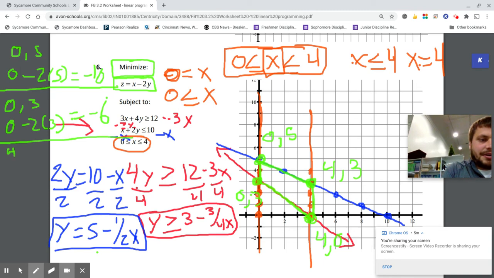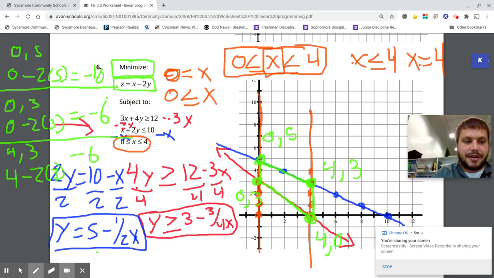For 4, 3, I would have 4 minus 2 times y, which is 3, which would be negative 2. Again, so far 0, 5 is my lowest. Okay, finally, for 4, 0, I'd have 4 minus 2 times 0, which of course is 4.